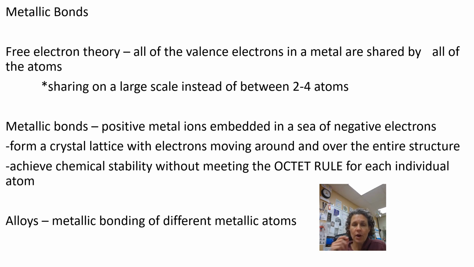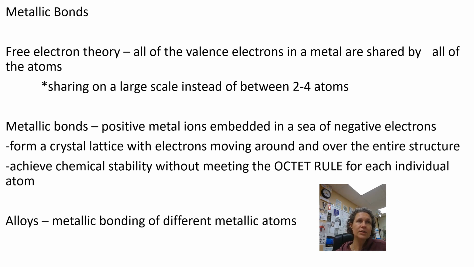And so you have these positive metal ions, and they are embedded in like a sea of negative electrons. And the electrons just kind of flow and circle around all of them and keep moving around and holding them together. And it's unusual because they don't necessarily meet the octet rule for each individual atom, but as a group at any one time, they are meeting that octet rule.